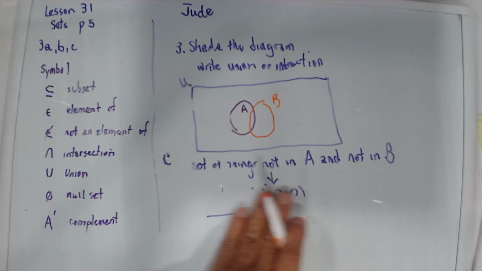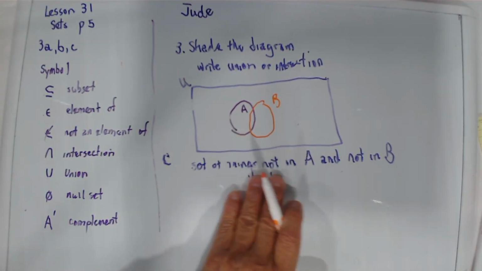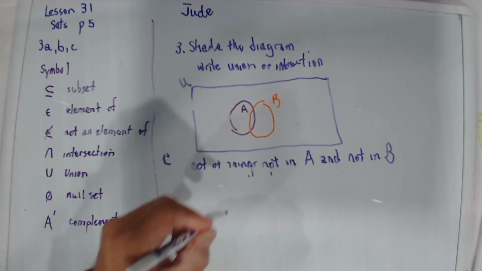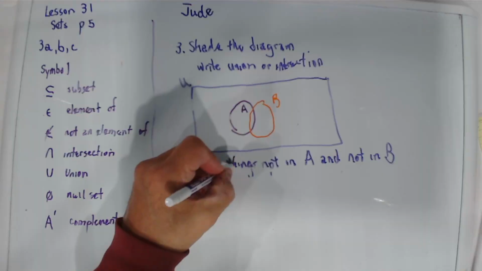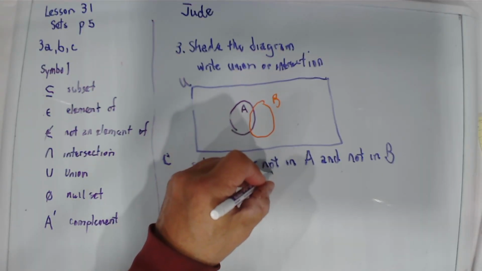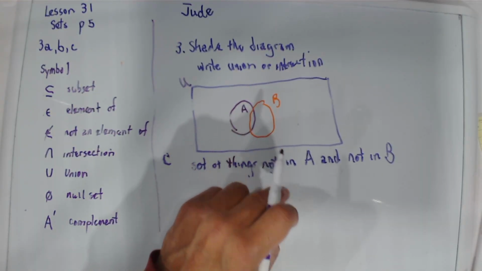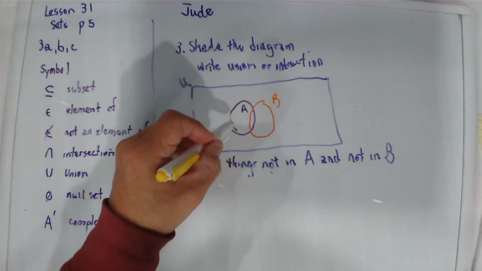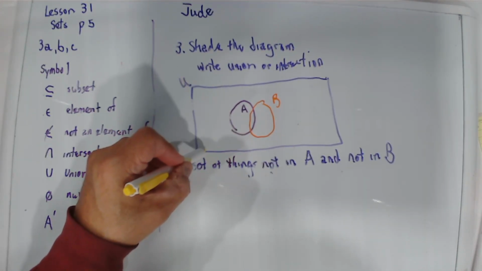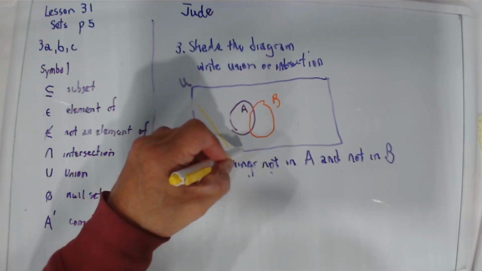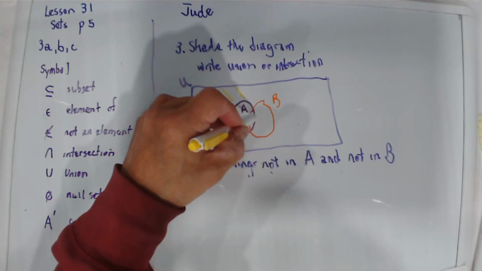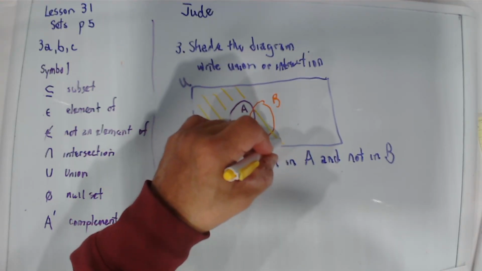Okay. So when we look at this, what do we want to represent? We want to represent the things not in A and not in B. So let's highlight all the things that aren't in A. Well, this is A, so everything outside of A is all this yellow stuff right here, including the B part.